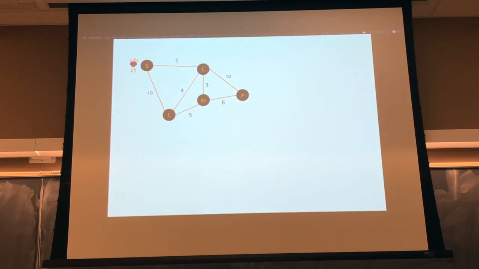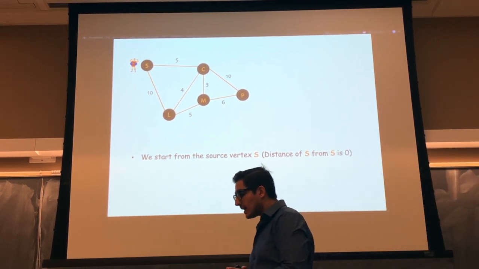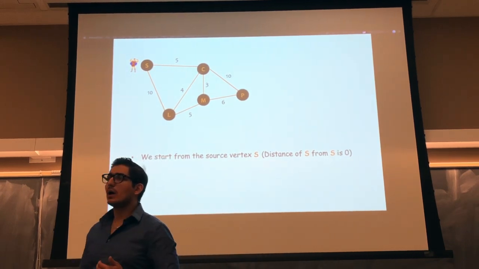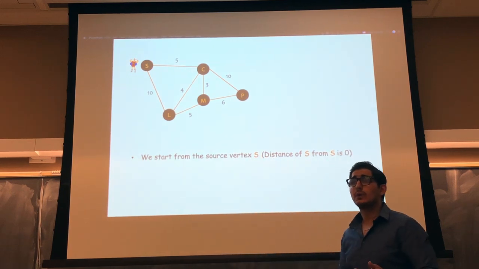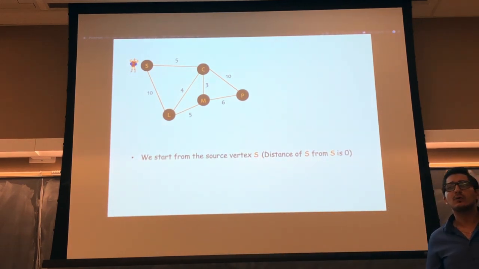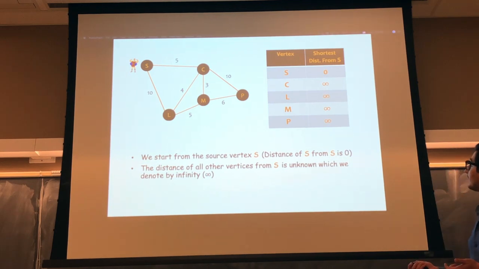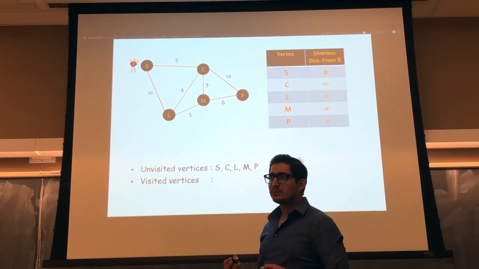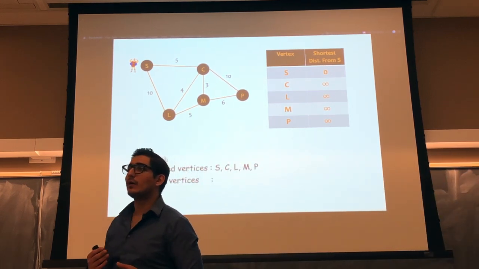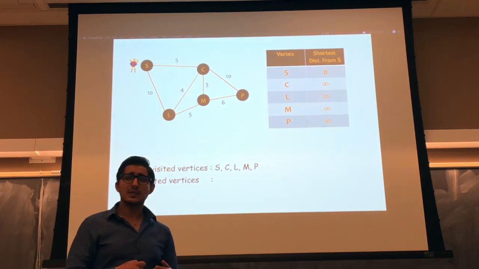Phase one is initialization. In initialization phase, first we set the distance of vertex S from itself to be 0, which is obviously correct. And since we don't know the distance of all other vertices from S, we set them to be unknown and denoted by infinity. Also, in initialization phase, we categorize all vertices into two groups, group of unvisited vertices and visited ones.